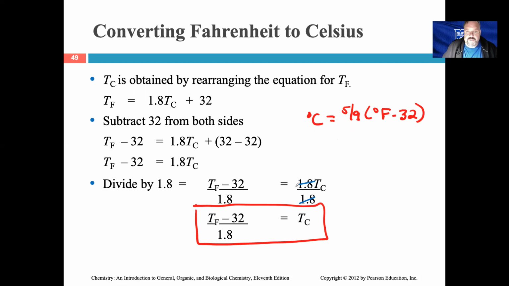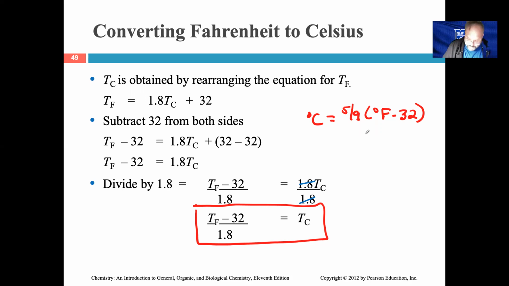Again, these two equations are exactly the same. The key here is to remember to do what's in parentheses first. So you take the degrees Fahrenheit and subtract 32, and then multiply that by 5/9.